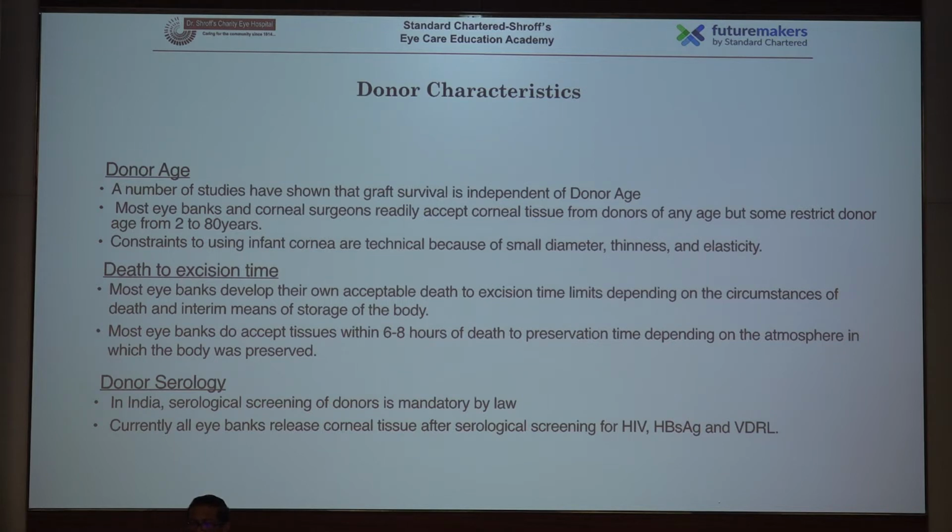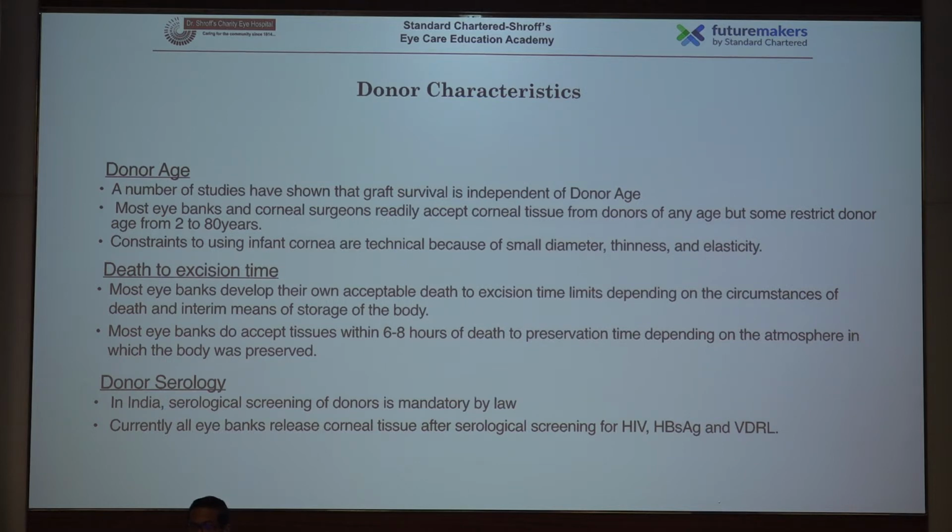We know that there are a lot of studies which say that the graft survival is independent of donor age, but most of the eye banks are taking 2 to 80 years as the age where the donor tissue is accepted. And I don't think 80 is something which is sacrosanct, but as an eye bank, most of us have done internal studies to say that the utilization beyond 80 becomes a little reduced.